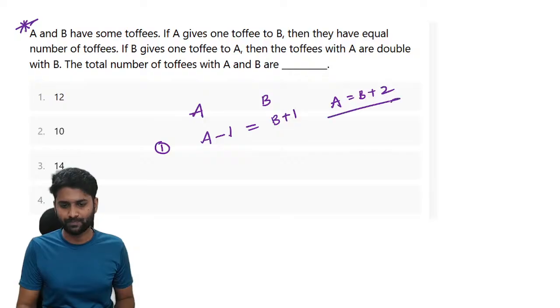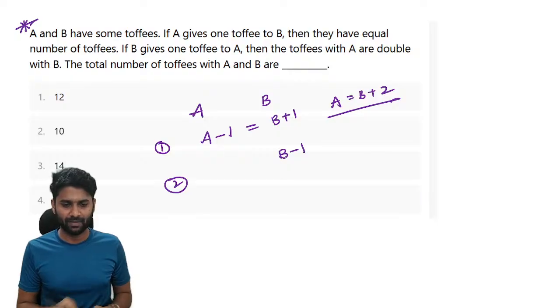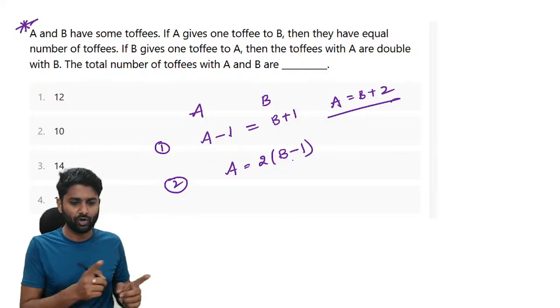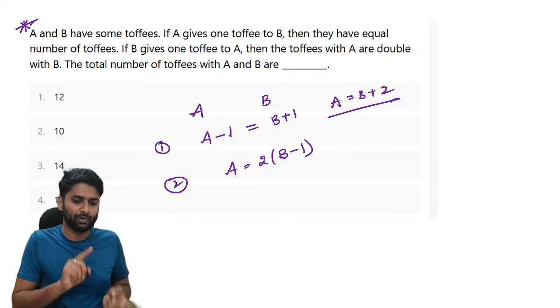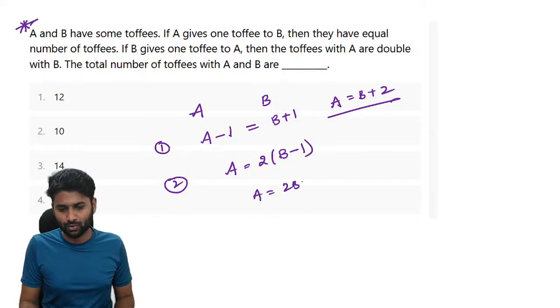B plus 2. Statement 2 says that if B gives 1 toffee to A, then B has B minus 1. Now A's toffee is 2 times what B has. If B gives 1 toffee to A, then A's value is twice B's value. Now A is equal to 2B minus 2.